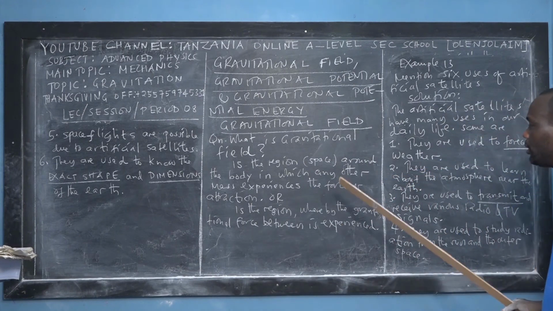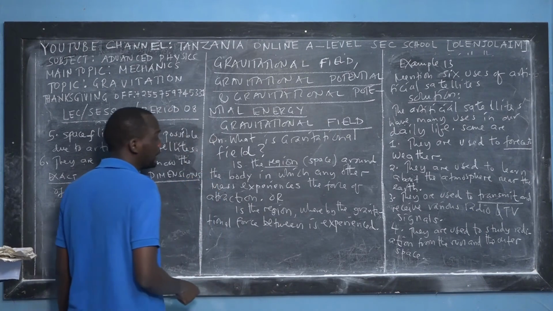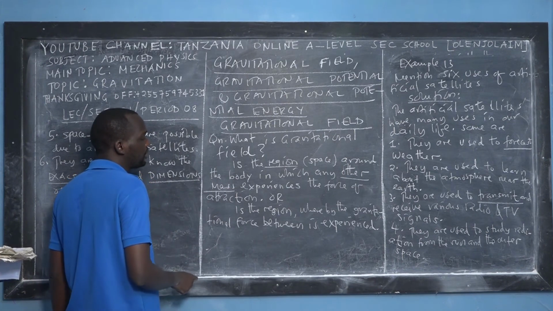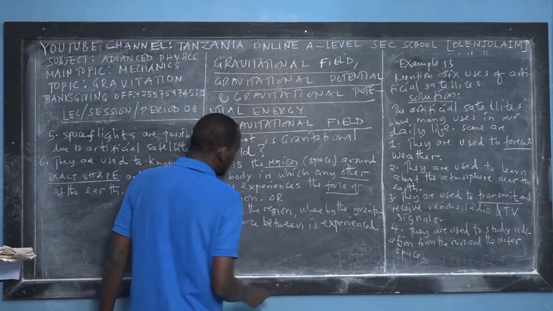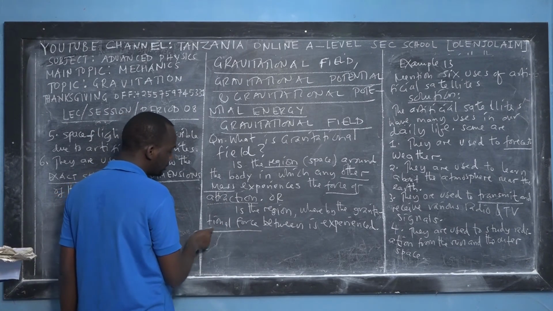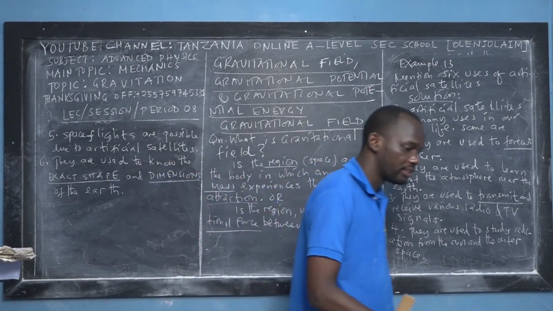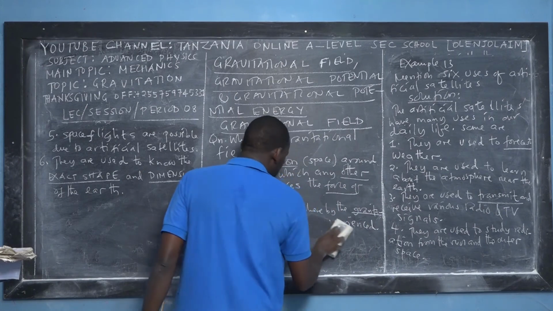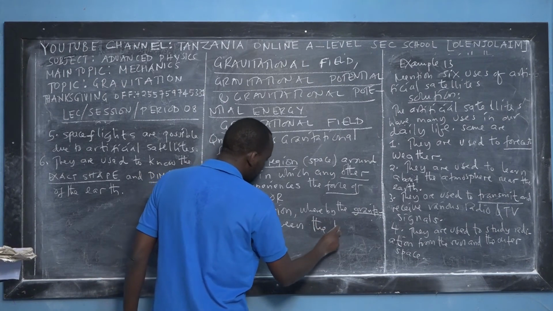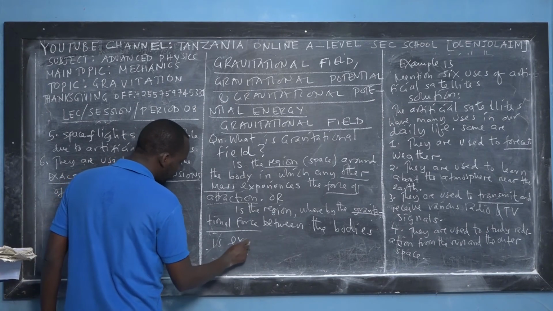We say gravitational field is a region or space around the body in which any other mass experiences the force of attraction, or a region whereby the gravitational force between the bodies is experienced.